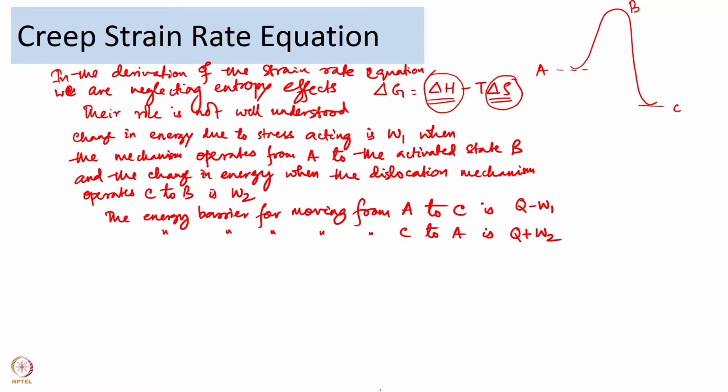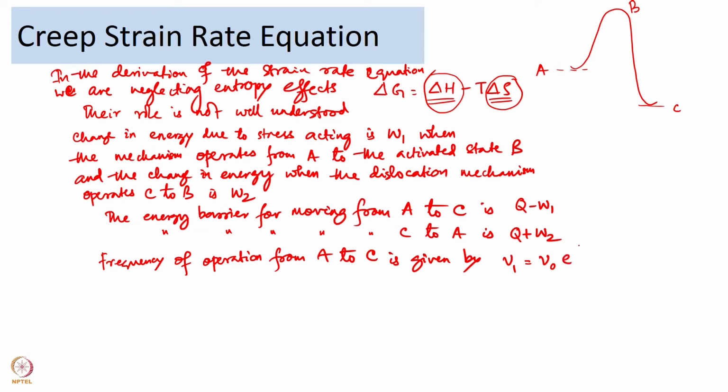Now, from reaction rate kinetics, it is known that the frequency of operation from A to C is given by nu 1 is equal to nu naught e to the power minus (Q minus W1) over kT, and the frequency of operation from C to A will be nu 2 is equal to nu naught e to the power minus (Q plus W2) over kT.